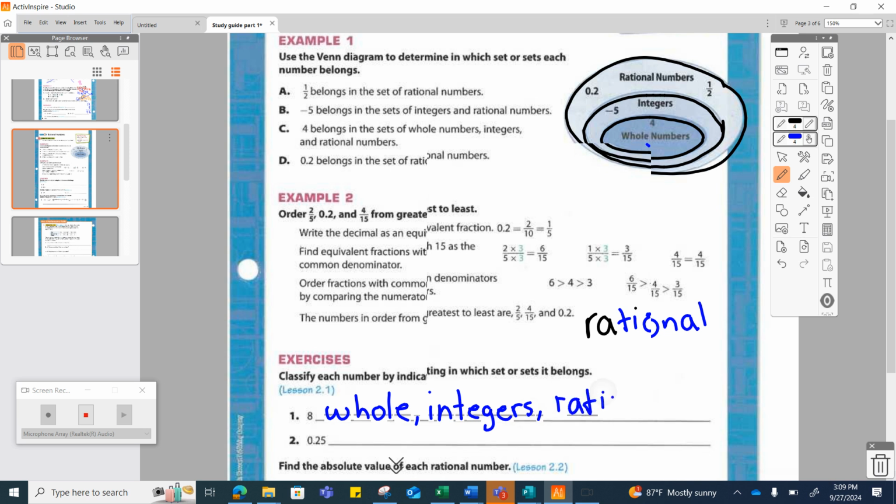Basically, whole numbers are positive numbers that do not have a decimal or a fraction. So look here, see 0.25? It's not a whole number, it's not even an integer, because integers don't have fractions or decimals. So it is just a rational number.